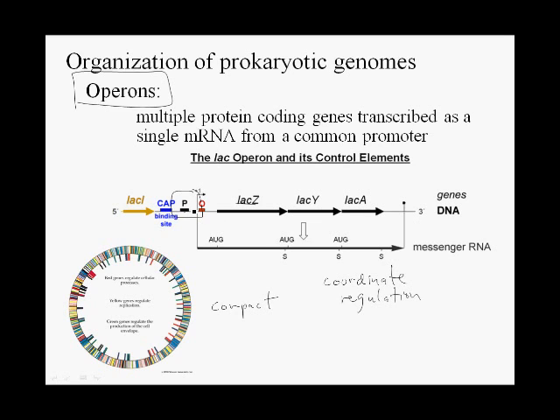This one promoter then directs RNA polymerase to make one messenger RNA. This one messenger RNA has the coding information for all 3 proteins. So there are actually 3 different start codons and 3 different stop codons. So these S's are stop codons, and the AUGs are start codons.